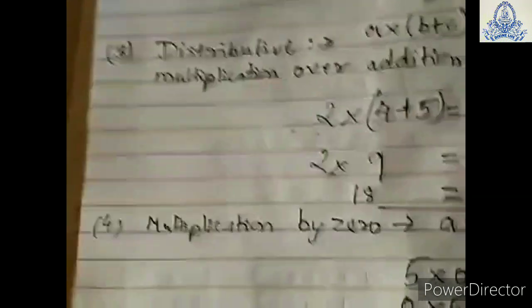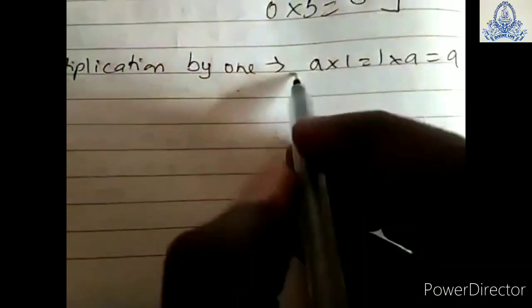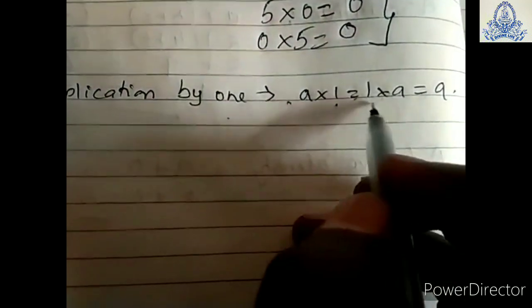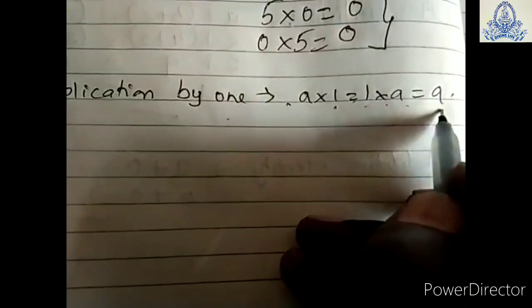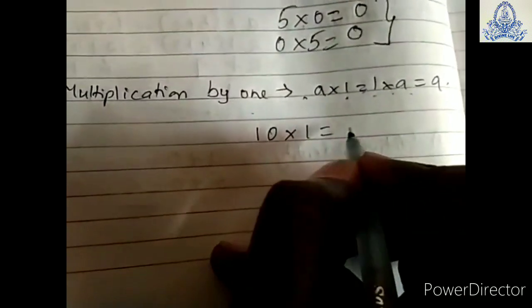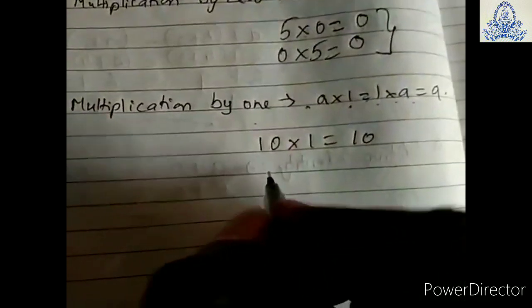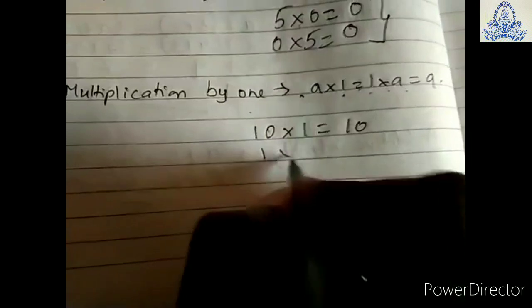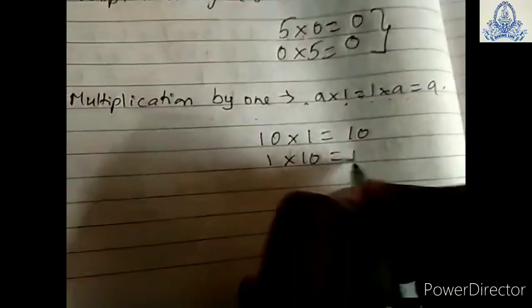In the same way, multiplication by 1: A multiplied by 1 is equal to 1 multiplied by A, and it is always the same number. If I take A as 10, 10 multiplied by 1 is 10, or 1 multiplied by 10 is also 10.